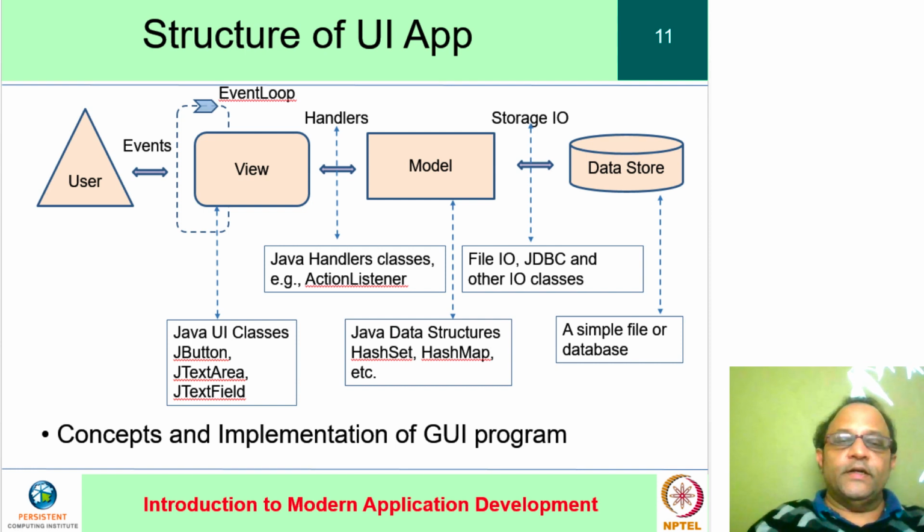The view in turn interacts with the model via elements called handlers, and the model interacts with the data store via storage IO. The user interacts with the event loop via events, and the event loop organizes the user interactions and provides them one after another to the view.